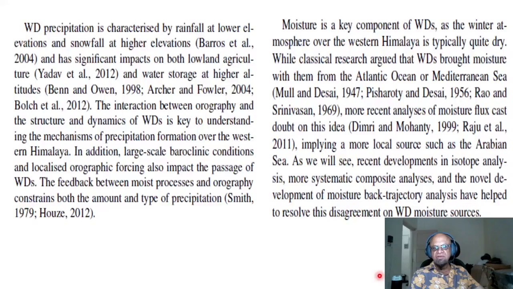This is key because a cyclone is always associated with a positive feedback from the evaporation it's causing and the condensation it's driving, and so it has a way of driving intensification with this feedback, whereas western disturbances seem to be coming along and picking up moisture at the end stage from the Arabian Sea, not from the Atlantic or the Mediterranean, at least not substantially. Okay, implying that a more local source such as the Arabian Sea is more important.